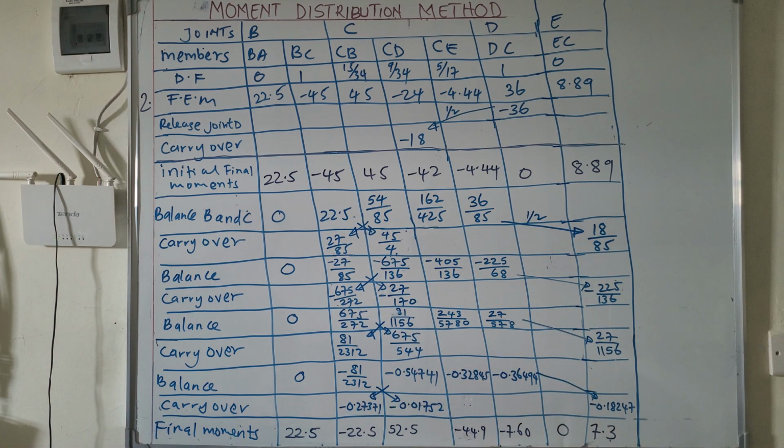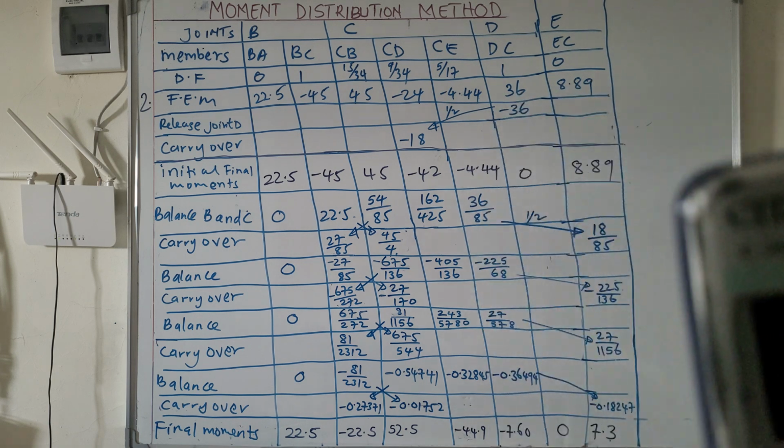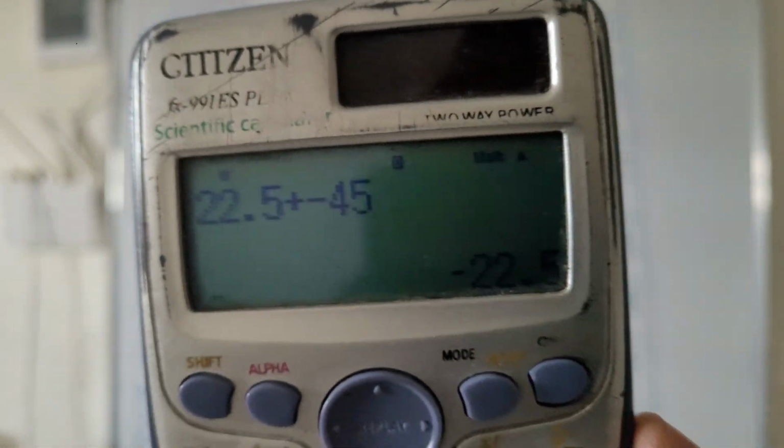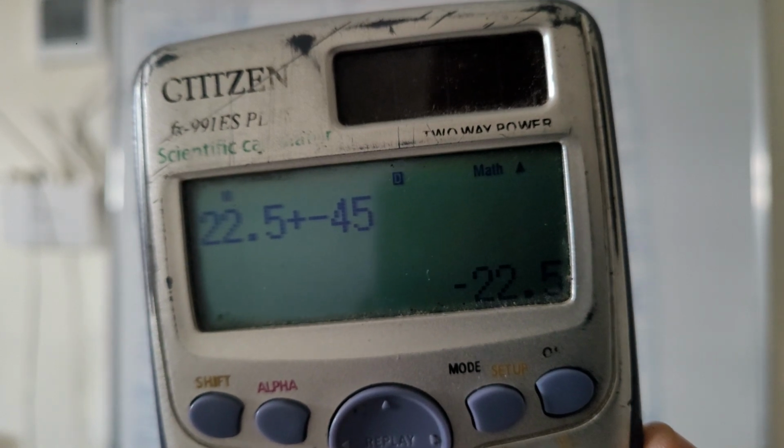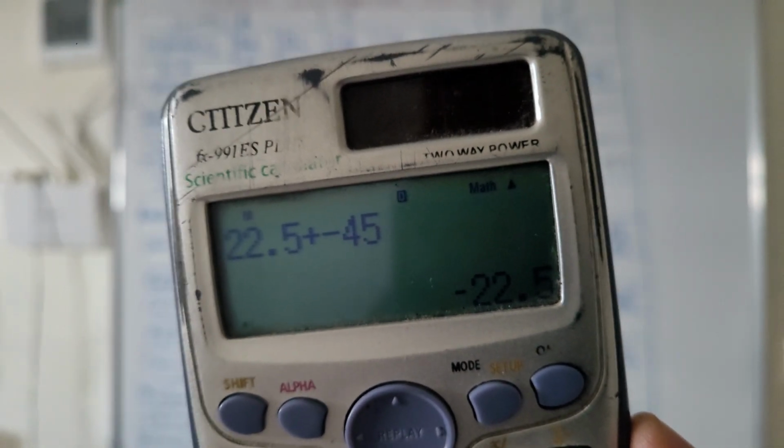For example, joint B: we have 22.5 plus minus 45, which should give you 0. Let's see. The answer is not equal to 0. On the calculator, the answer is negative 22.5.